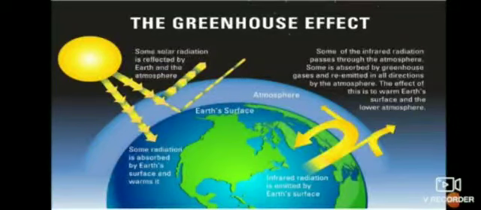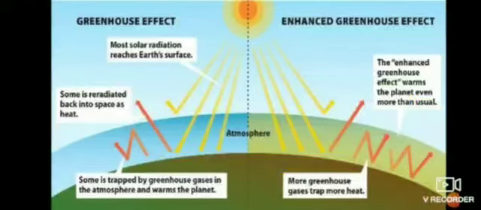So now let us see what is enhanced global warming. All the things that make us comfortable have contributed immensely to the increase in the emission of greenhouse gases. These gases in the atmosphere have trapped more heat on the Earth's surface and made it still warmer. This is called enhanced global warming.